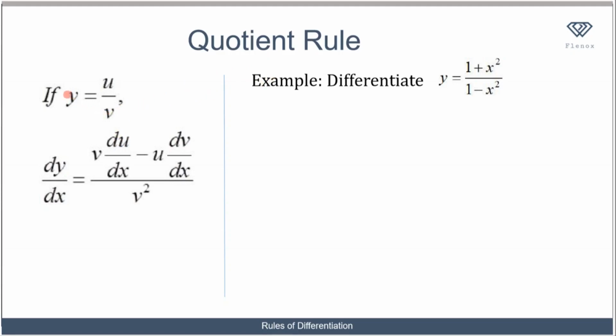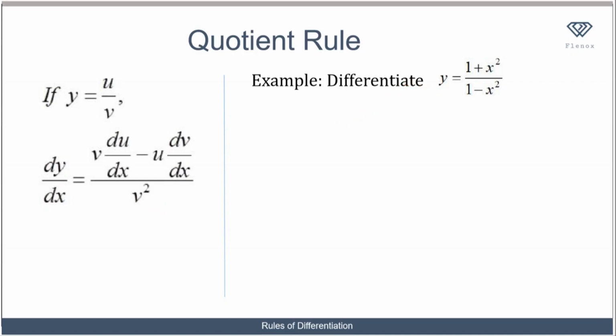If we have a function y equal to u over v, then dy dx is v, the denominator, multiplied by the derivative of the numerator, du dx, minus the numerator u times the derivative of the denominator, dv over dx, all over the denominator squared, v squared.